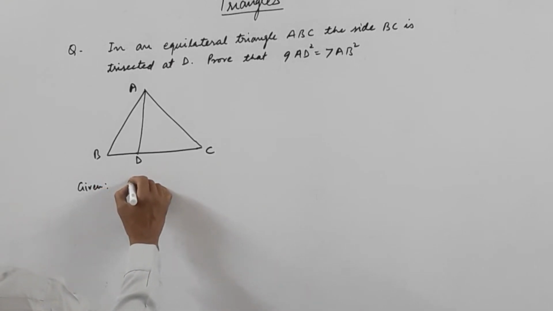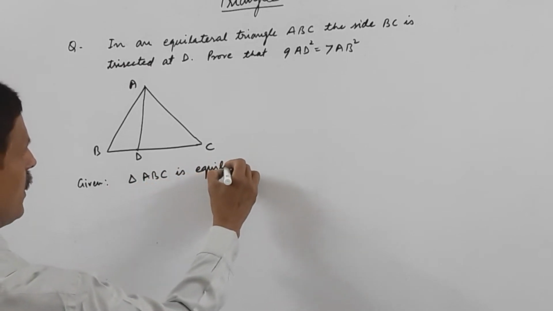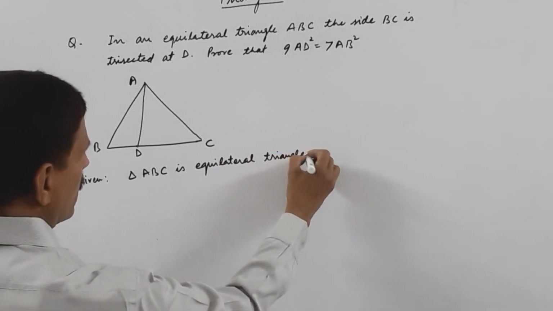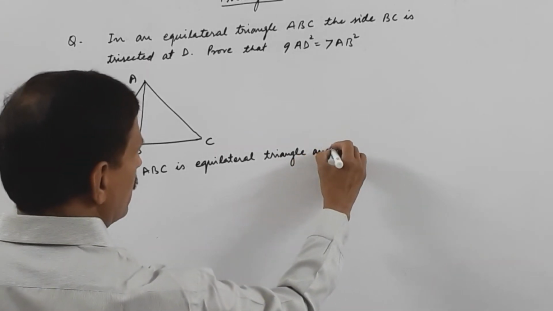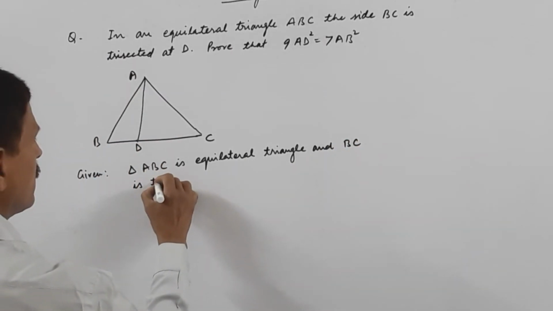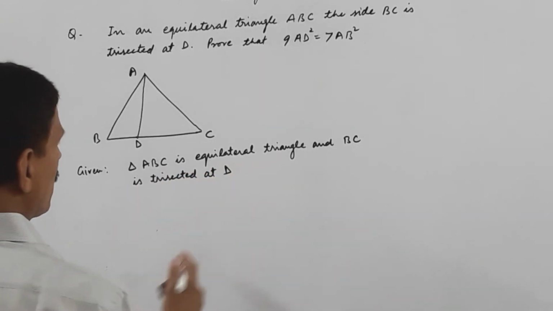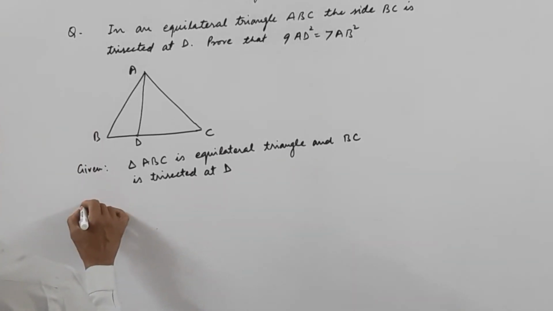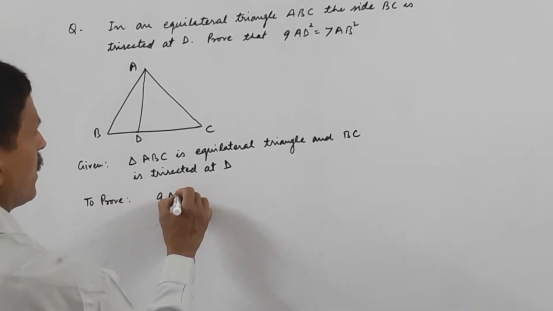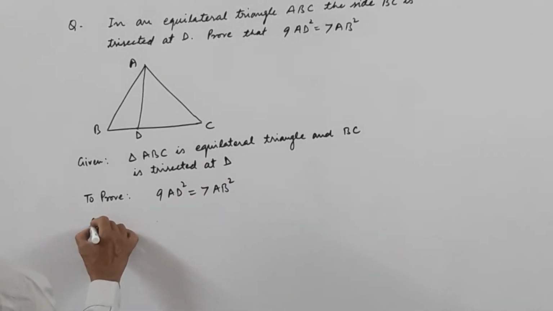Given: triangle ABC is equilateral and BC is trisected at D. To prove: 9AD² is equal to 7AB². We take a construction.